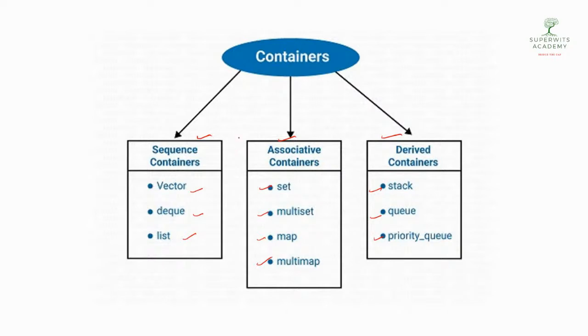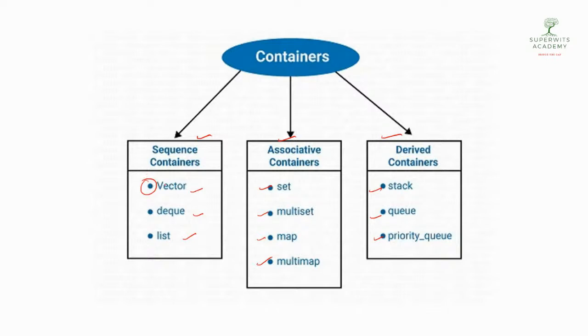So what is the basic utility of these containers, right? When we look at vectors, they allow you to store a particular type of data which is similar in nature, right?